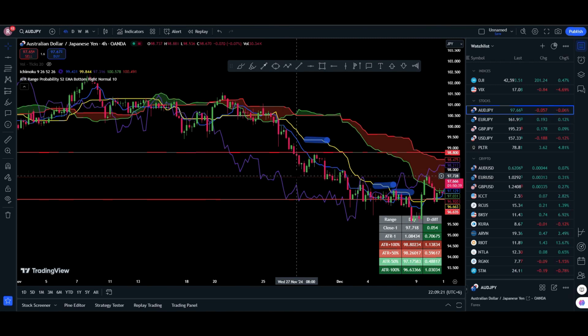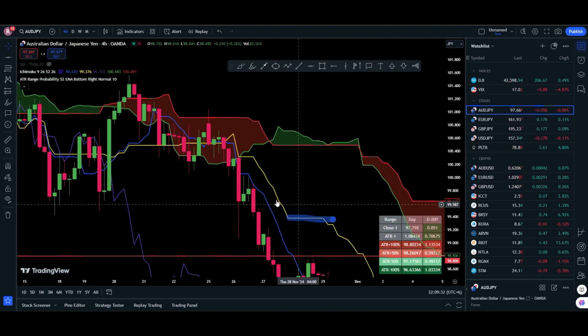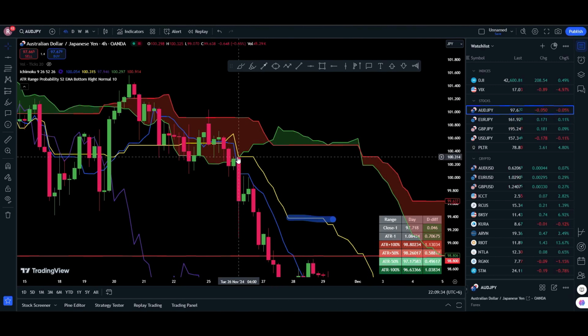I repeat it. If we open the trade here, exactly here, can you guys see or not? I don't know. Let me check. If you open the trade here, as it has crossed here and both are above one another here, your stop loss will be here and your target profit will be 2 times that stop loss.